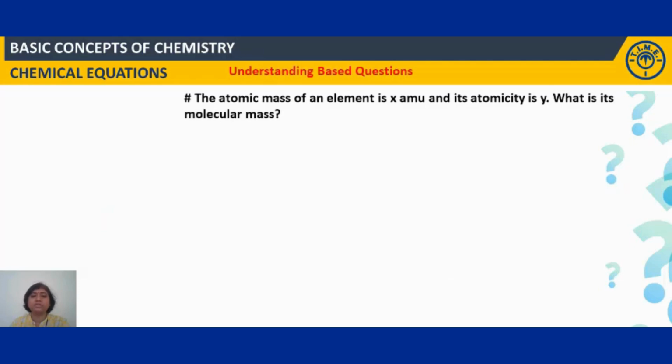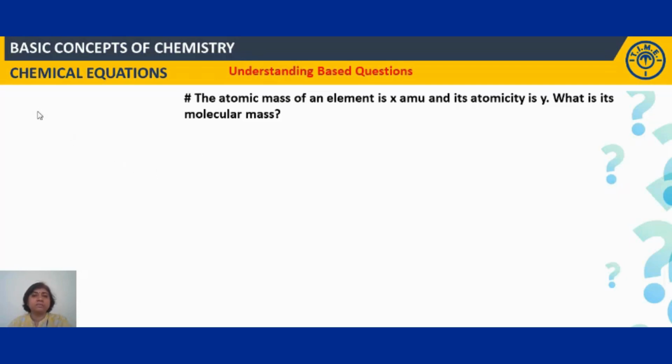The atomic mass of an element is x AMU and its atomicity is Y. What is its molecular mass? Very simple. You know the relation between atomic mass, atomicity and molecular mass. Let us once again recapitulate: atomicity is the number of atoms present in one molecule of the element.